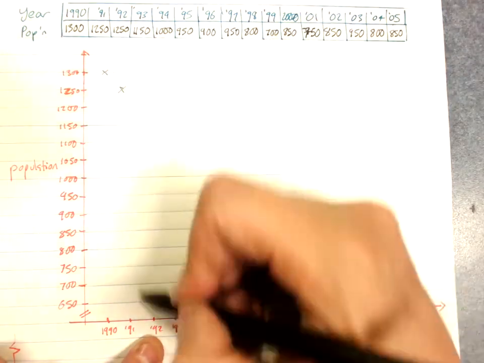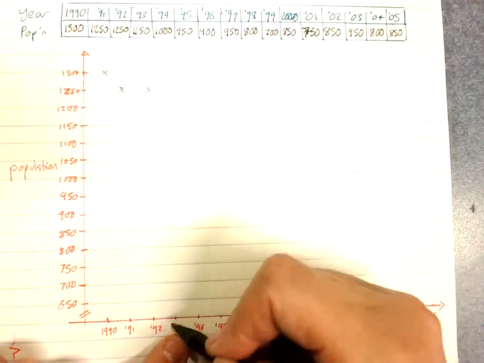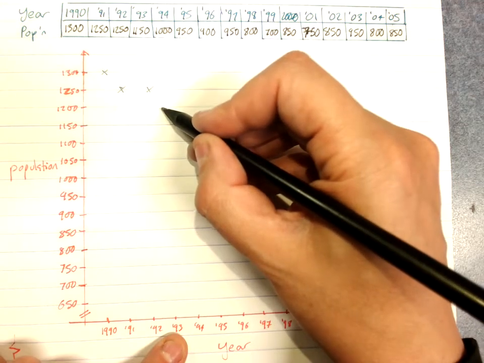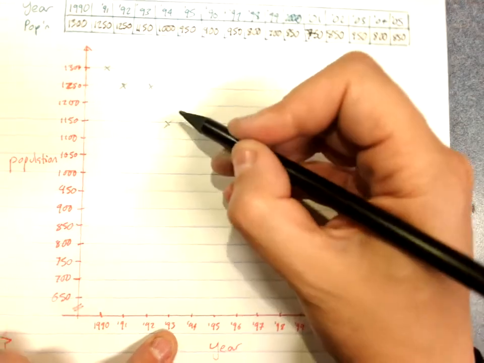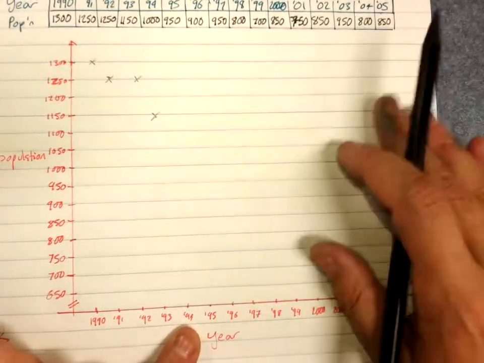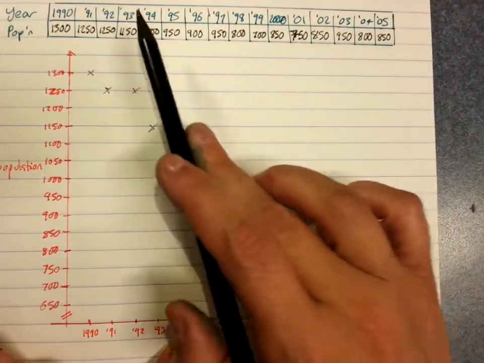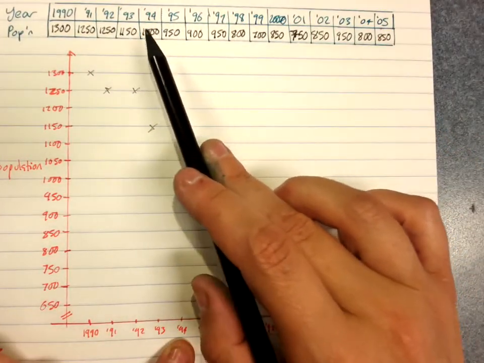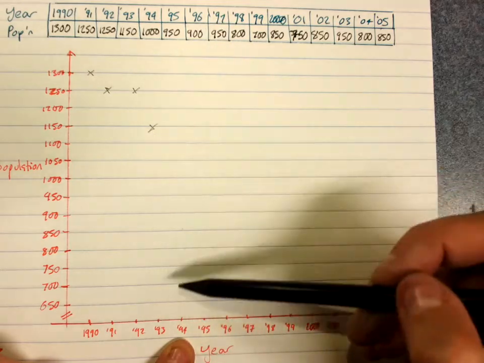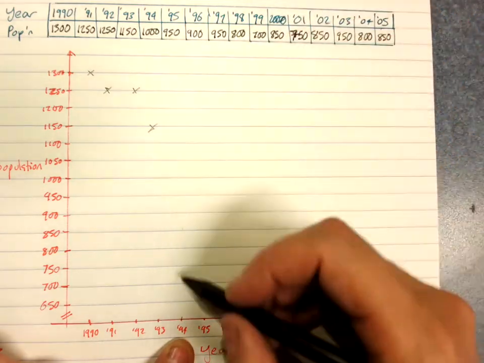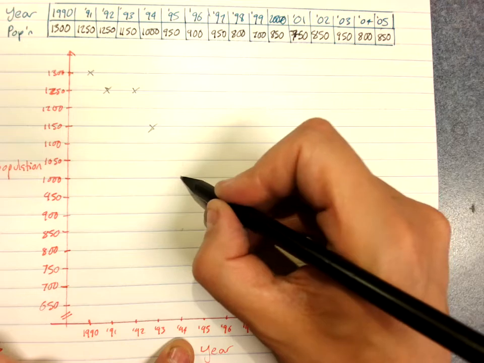92 is also 1250. So you're just marking a point at each of these coordinates. 94 is 1000.